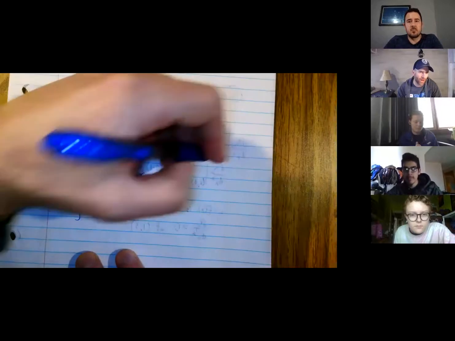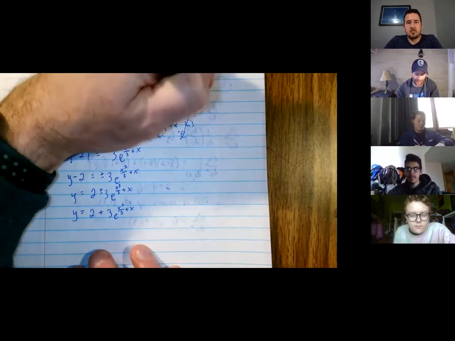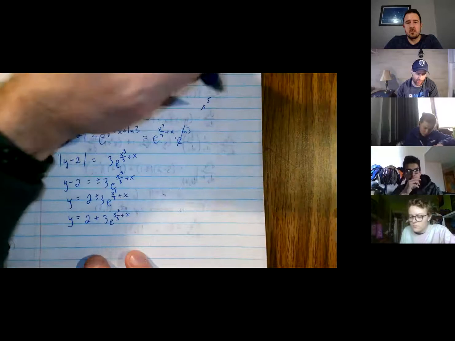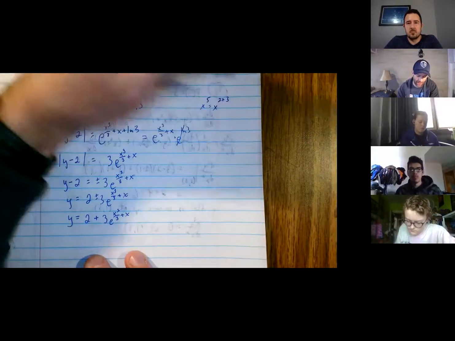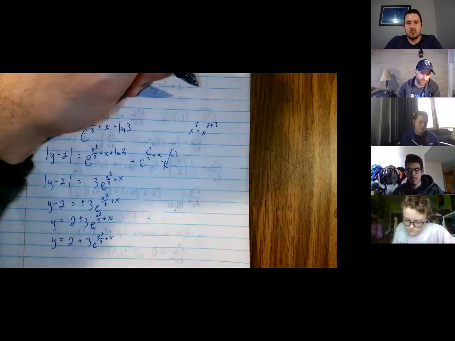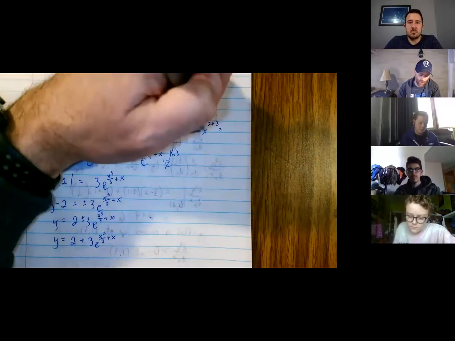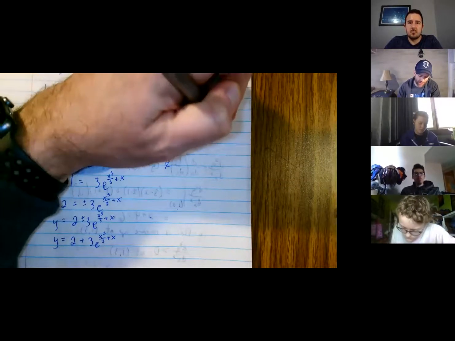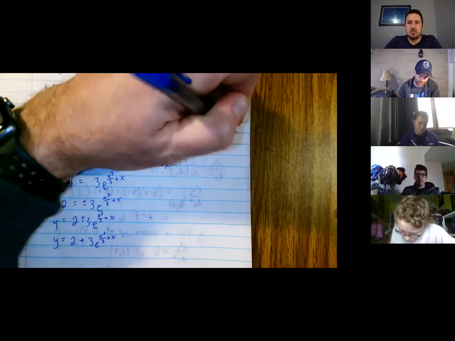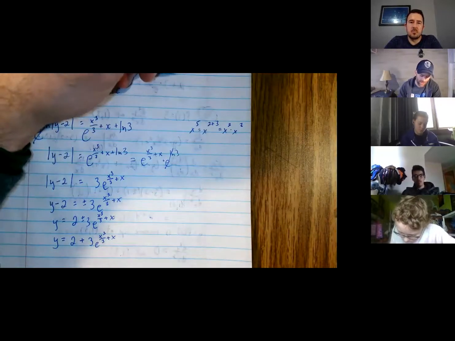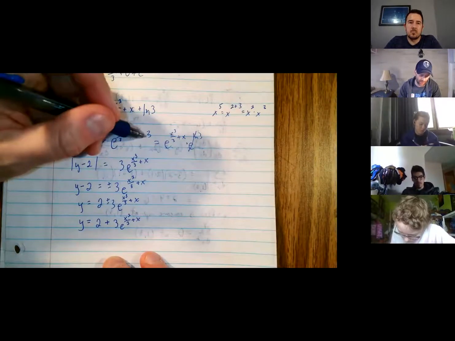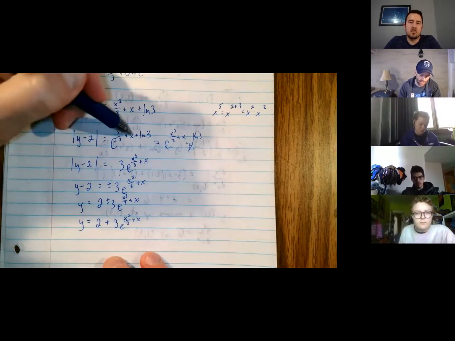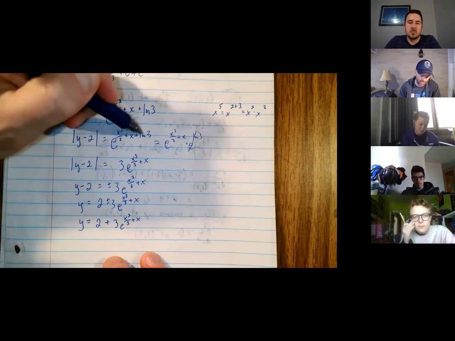Yeah. So if I have x to the 5th power, you know that 5 is 2 plus 3, right? So I could say x to the 2 plus 3. And really, if I have x to the 2 plus 3, isn't that really x squared times x cubed? Yeah. And so when I have e to the x cubed plus x plus natural log of 3, I can say it's e to this first thing times e to the second thing.